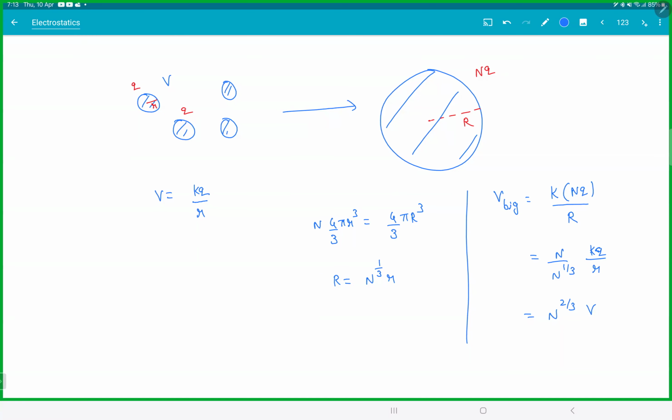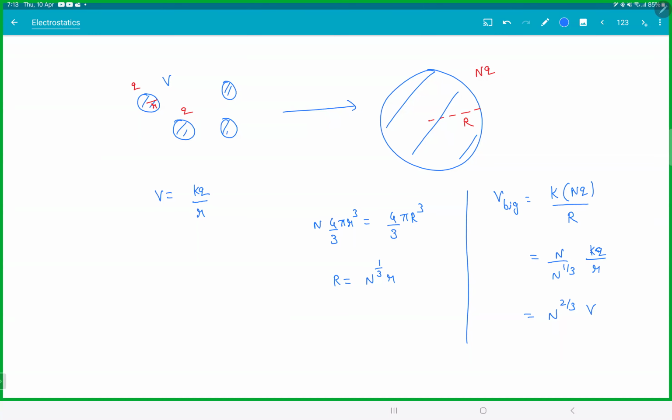Is this clear, everyone? It's a good one. A little tricky, but yeah. Is this clear, everyone? Next one.